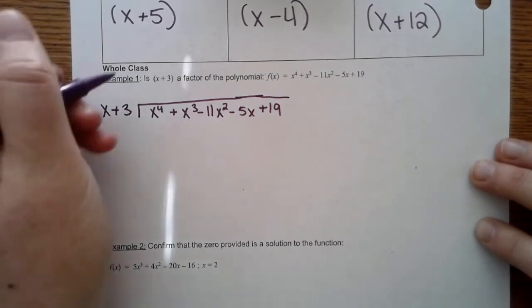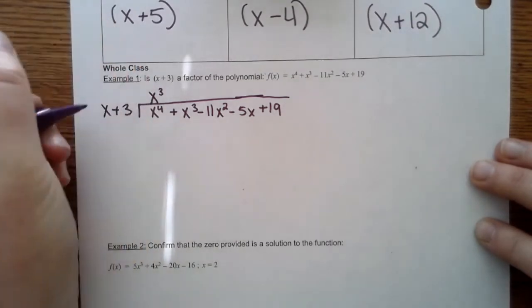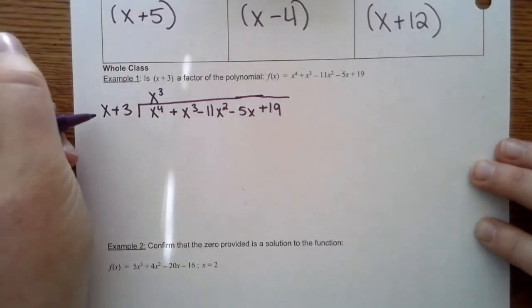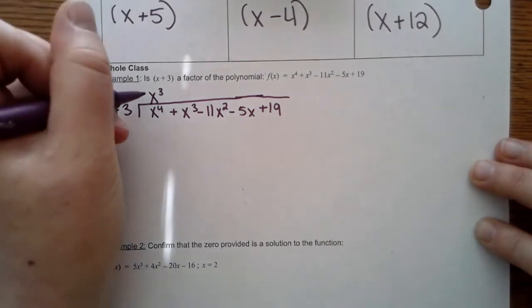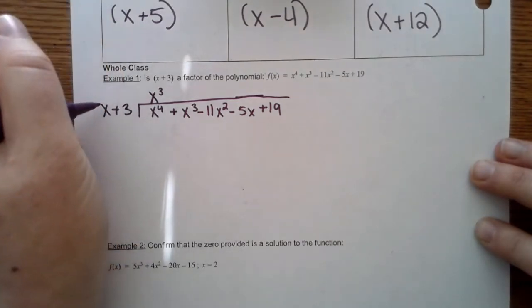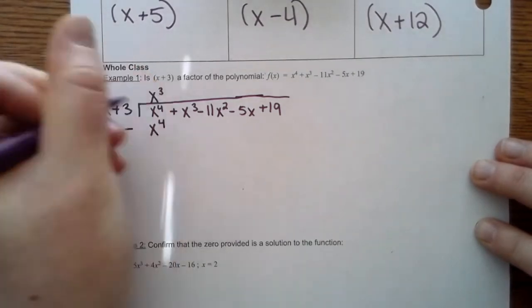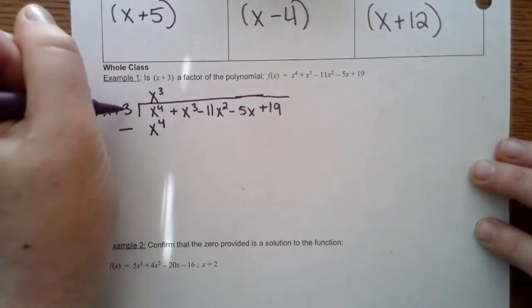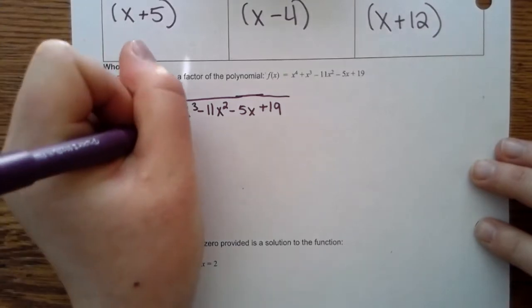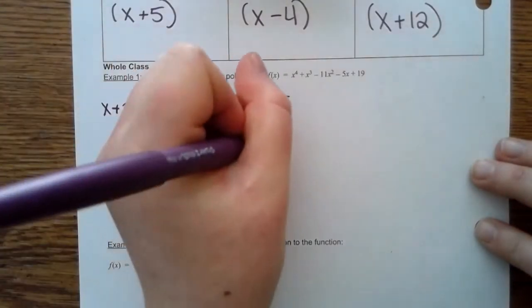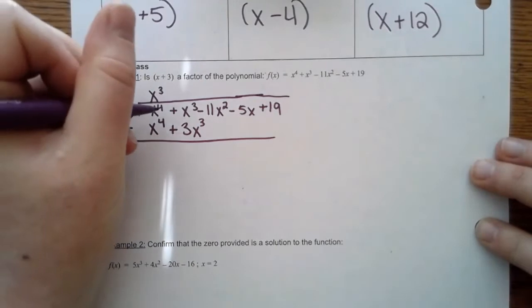Well, x to the 3rd times x is going to be x to the 4th. So then I go x to the 3rd times x, and I get x to the 4th. x to the 3rd times 3, I get plus 3x to the 3rd. We're going to deal with this just like the other one.